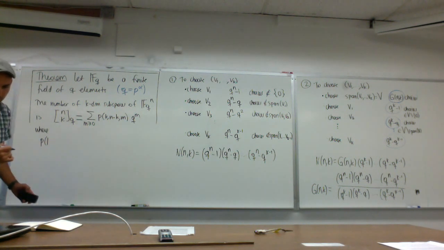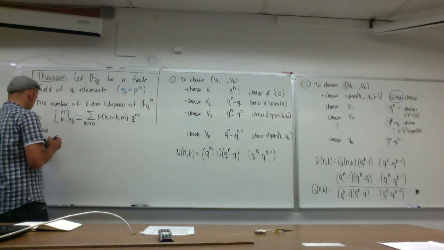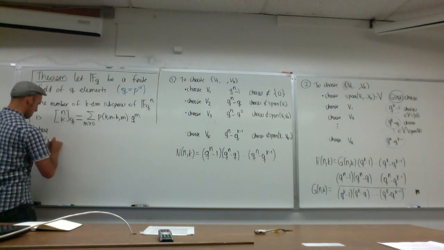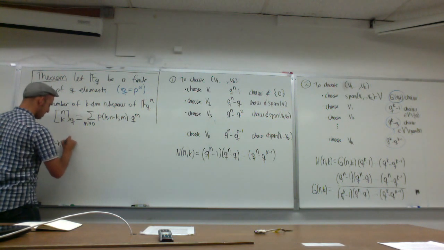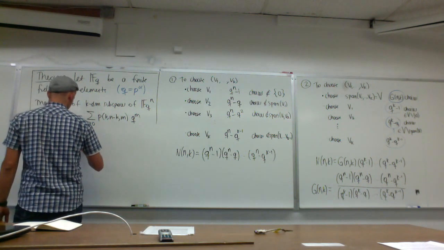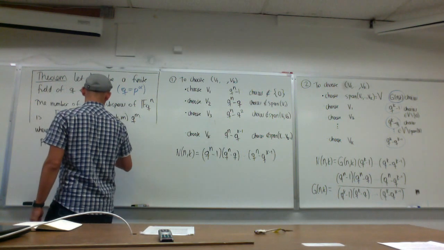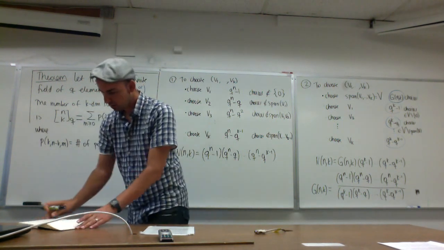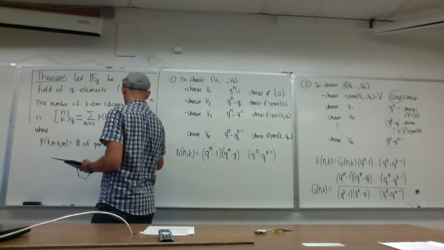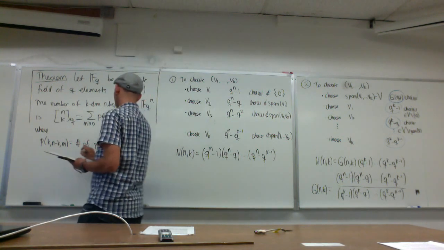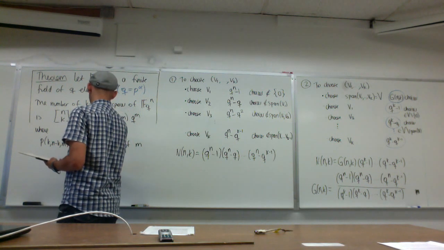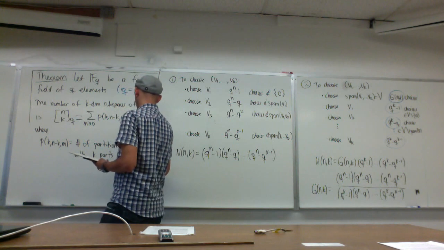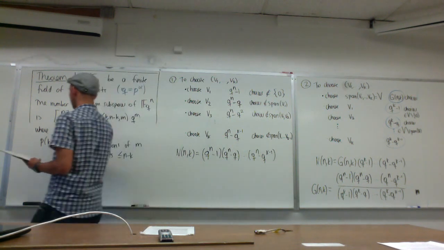Let me say p of k, n minus k, m is going to be the number of partitions of m with k parts less than or equal to n minus k.